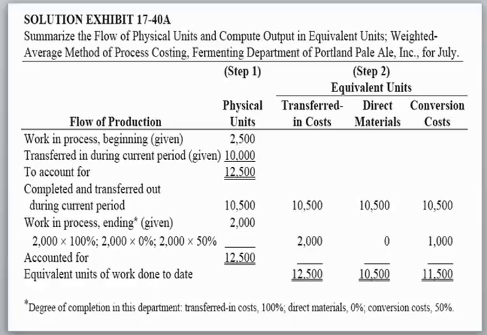But the work in process ending is given, so transferred in cost 100%, 2,000, and 0% for the direct material and only 50% for the conversion cost will be 1,000. So the accounting for physical units 12,500 and the equivalent unit of work done to date will be transferred in cost 12,500 and 10,500 direct material and conversion cost 11,500.